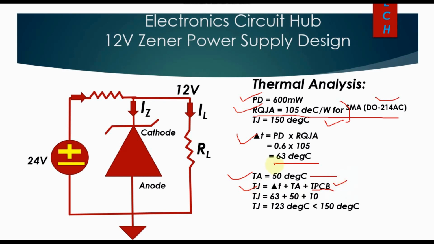So delta T is 63 degree, then Ta 50 degree, then 10 degree. If you sum this up, you will get 123 degree. So your calculated junction temperature is 123 degree centigrade, but your data sheet says 150 degree centigrade. So now you are in safe mode.